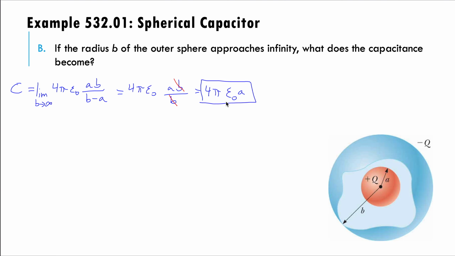So what is significant here is that a single isolated conducting sphere has a capacitance, and it's the same capacitance as that of two concentric spherical shells where the outer shell has an infinitely large radius.